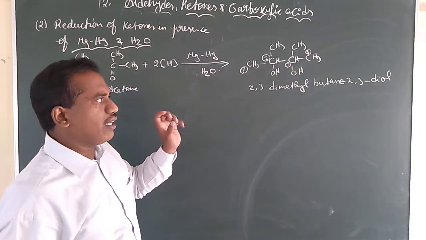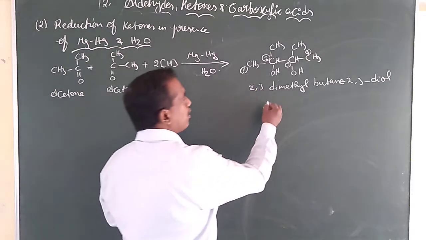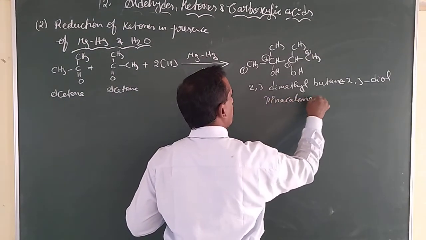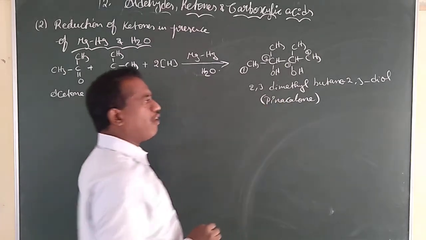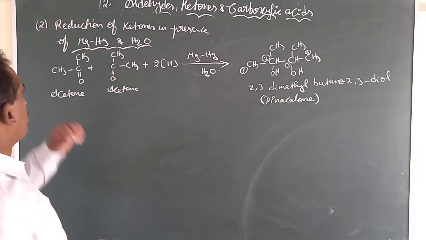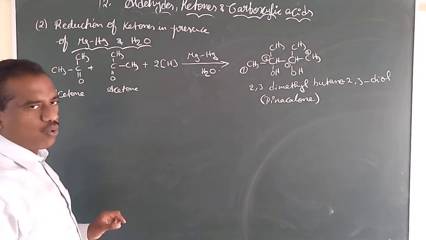I repeat, the e is retained because 2 alcohol groups are there. It is also called pinacol. They will ask at times what is the product called pinacol, how is it formed? It is formed by the reduction of ketones in the presence of magnesium amalgam and water.